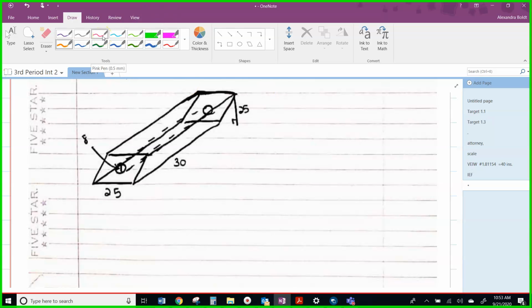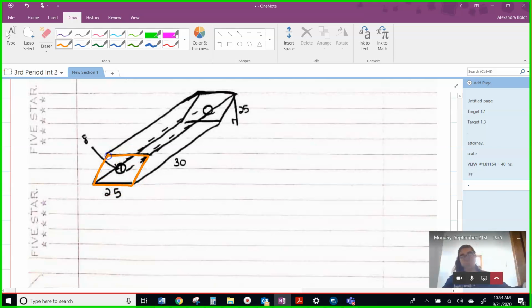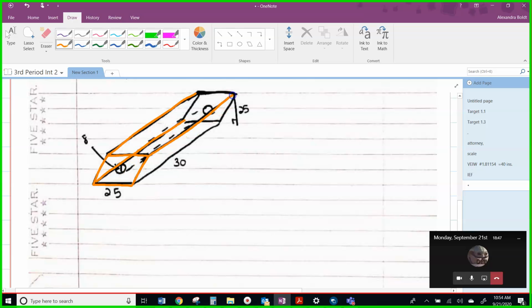The first shape that I see is this one here. Okay.